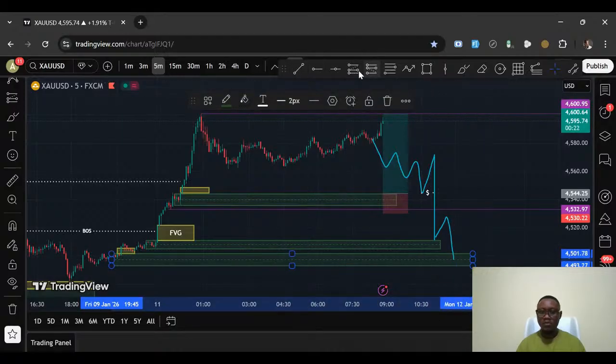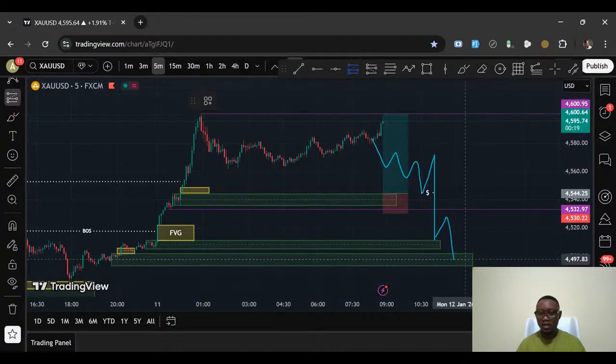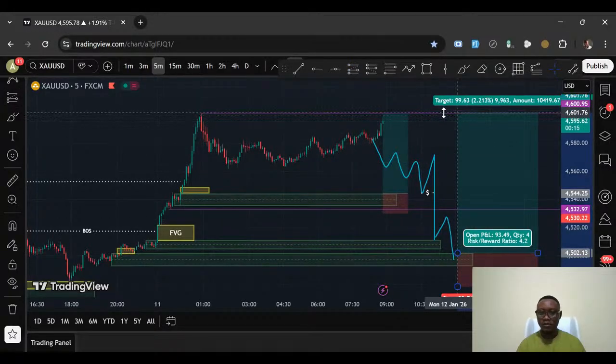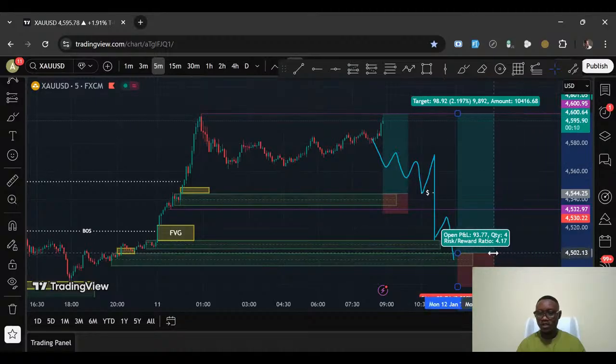Your TP can be as much as this. You can target this price level as your TP.